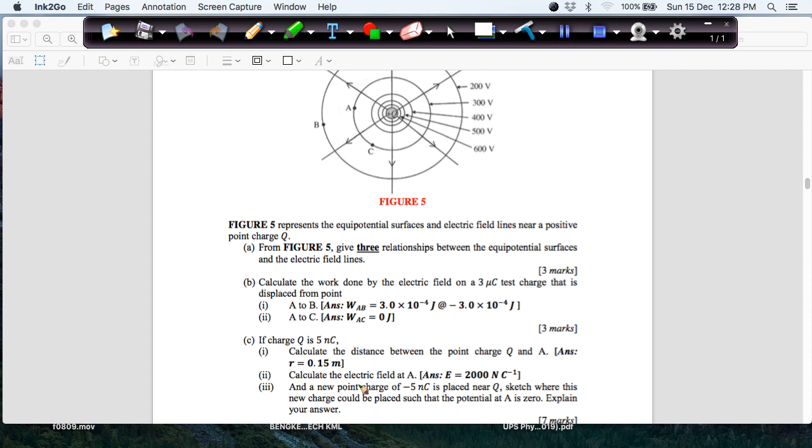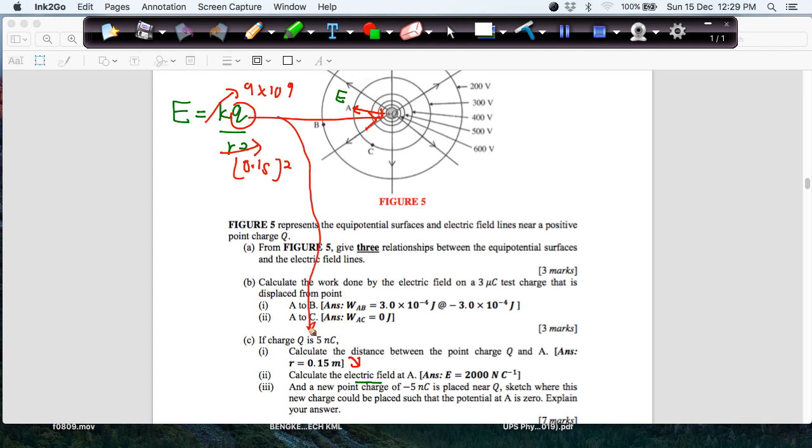And the next question is, calculate the electric field at point A. The electric field E equation is K Q over R squared. Using the distance from Q to A that you found in the previous answer, 0.15 squared, and K is the constant 9 times 10 to the power of 9, and the charge Q given by the question is 5 nanocoulomb.